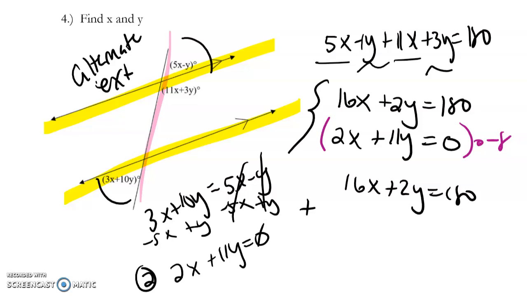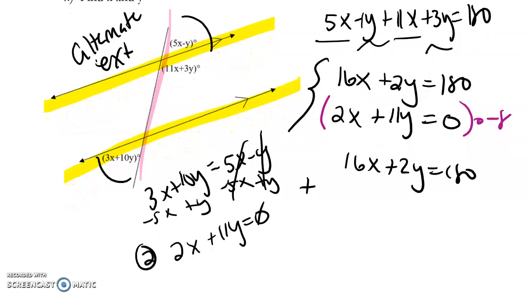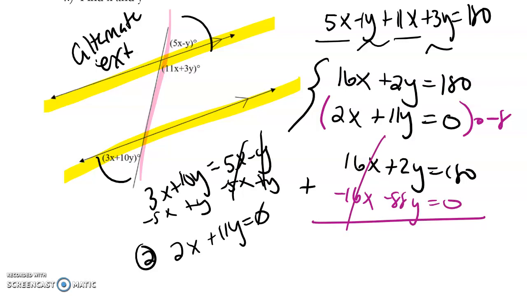We're allowed to do that because we're multiplying the left side and the right side, so that will become minus 16x minus 88y equals 0. When I add them, the x's go away because you have the positive 16x and the negative 16x. You have, it looks like, negative 86y is equal to 180.